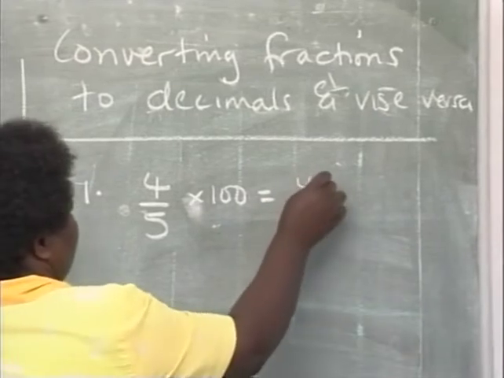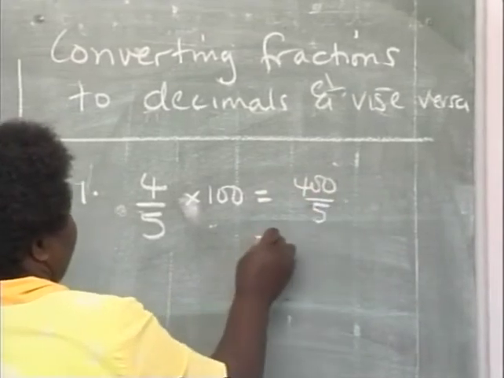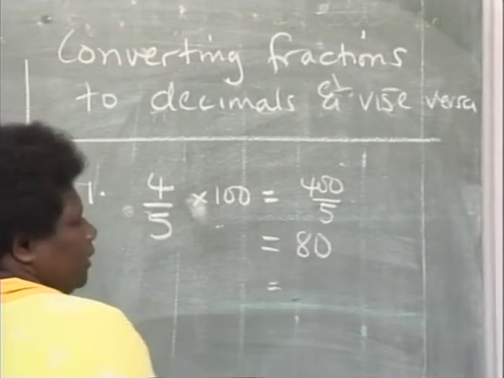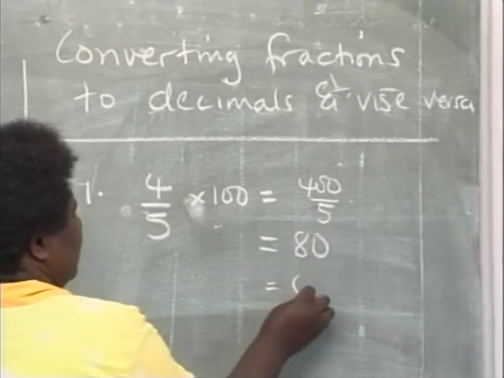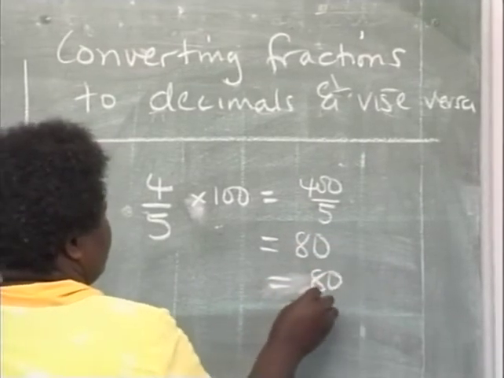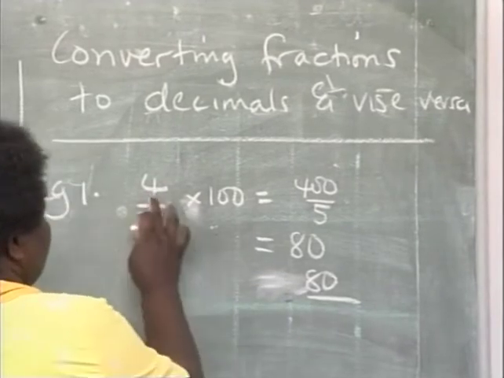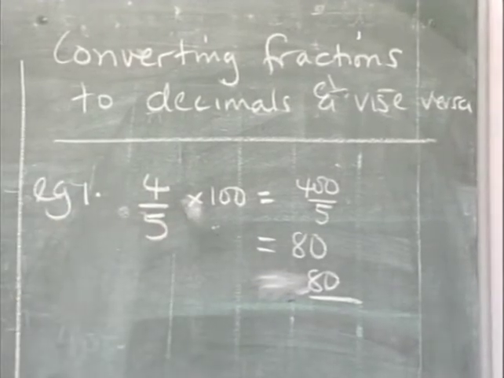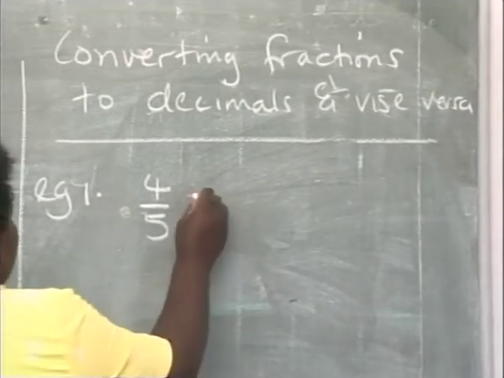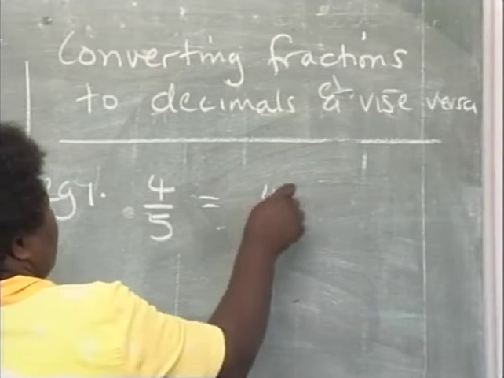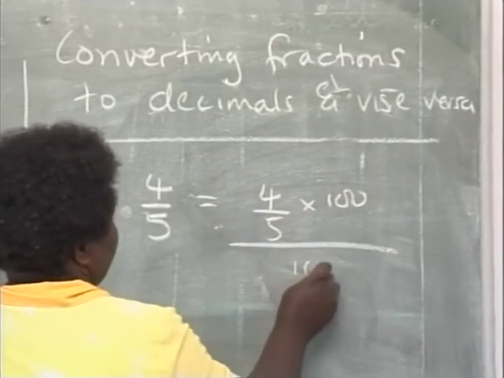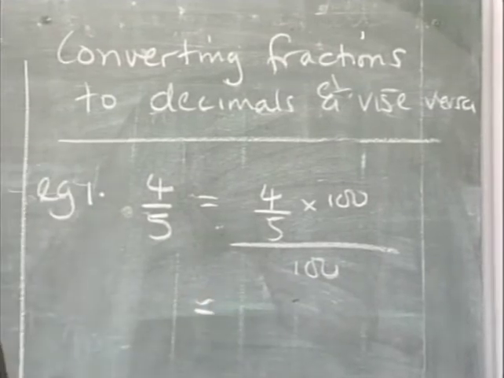I get 400 divided by 5, which is 80. And then he's saying I divide 80 by 100 and I get, sorry. No, let me just redo this again. 4/5, Jake is saying it's equal to 4/5 multiplied by 100, and I have to divide everything by 100.